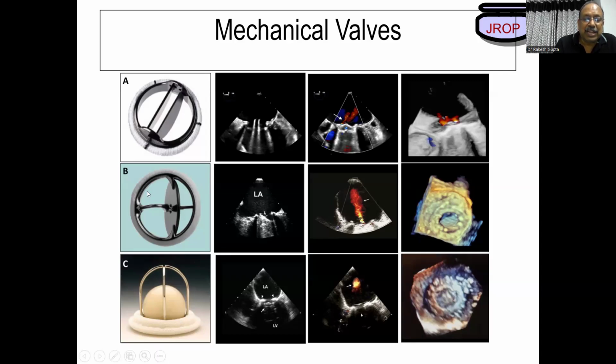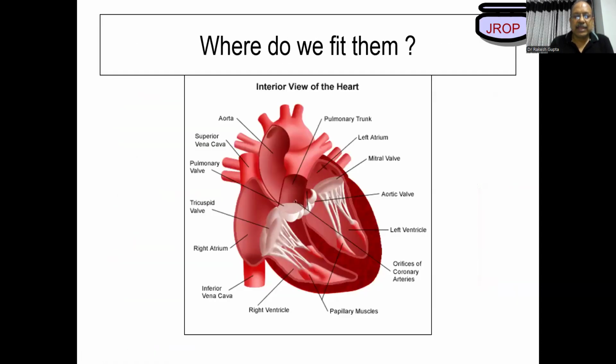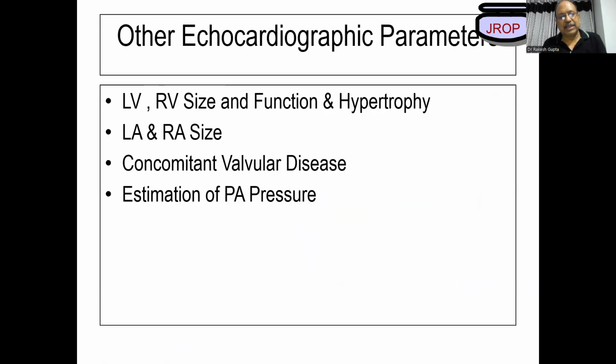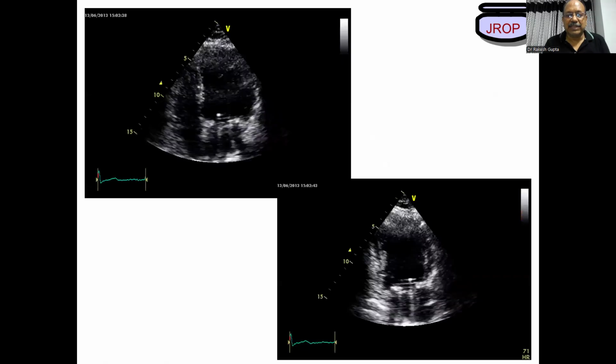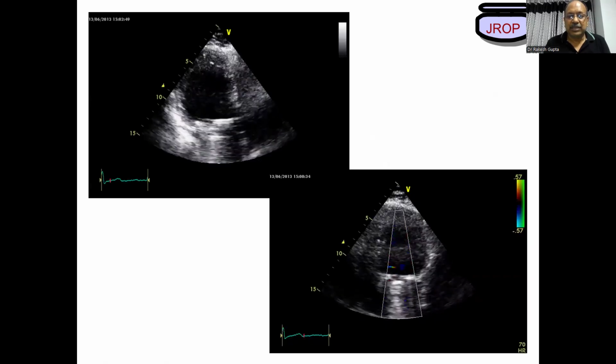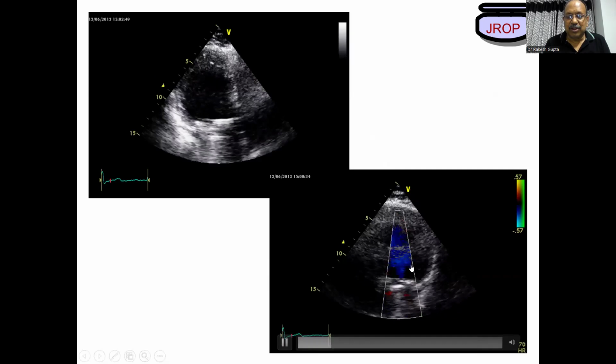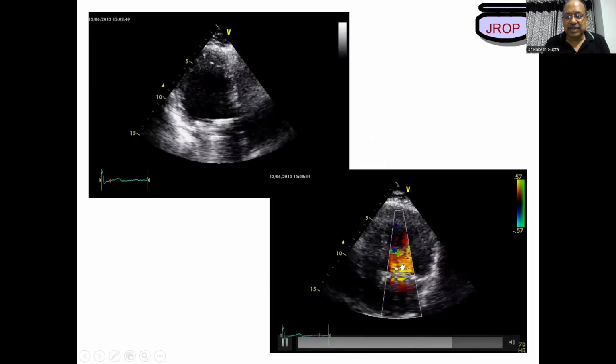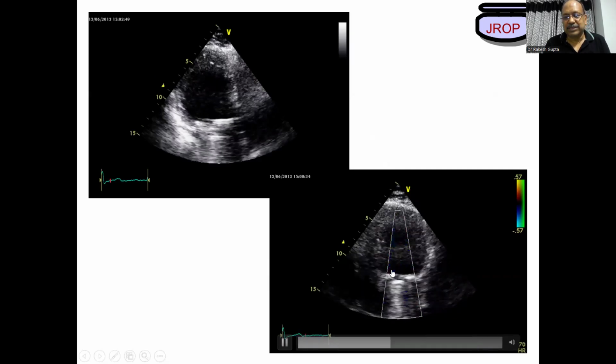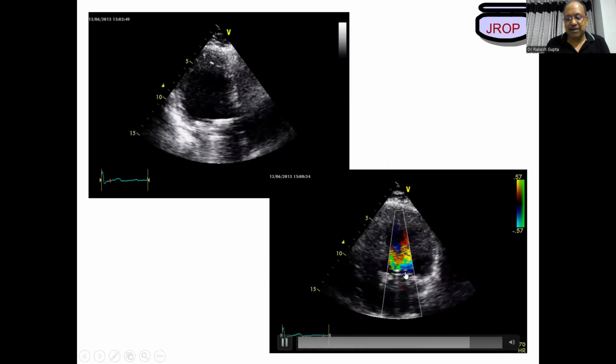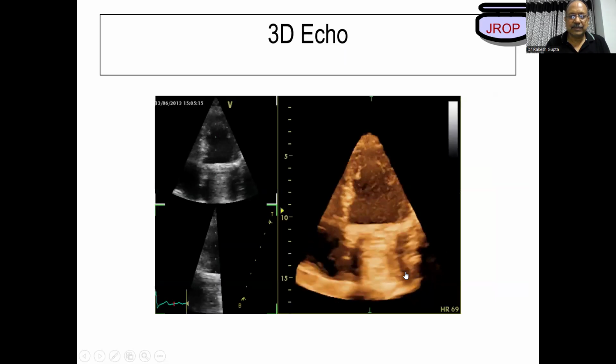I'm not going to align with the central one; I'm going to align my beam according to the bigger orifice. And how do we align that beam in this particular subject? Let's see this. Now look at this, the lateral orifice is much better than the middle or the septal ones. So I'll align my beam along the lateral orifice.